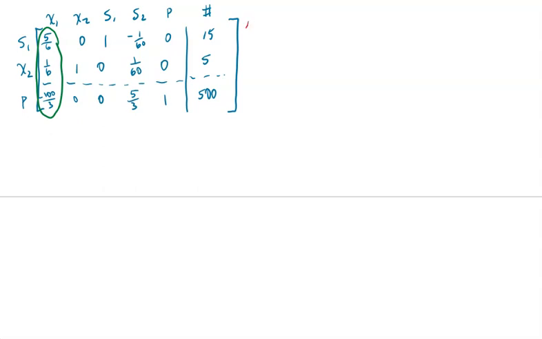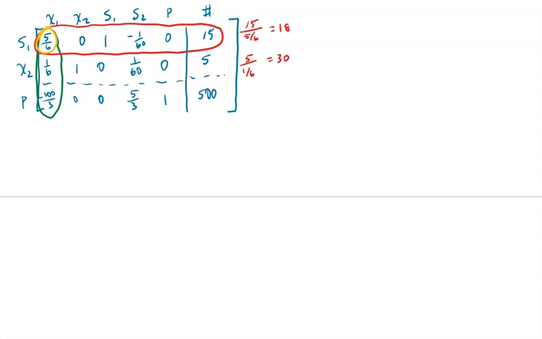Then we're going to do 15 divided by 5/6 and 5 divided by 1/6, which are going to be 18 and 30. 18 is smaller, so row 1 is our pivot row, and the 5/6 is what we are going to be using as our pivot.